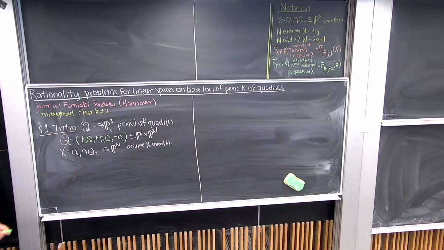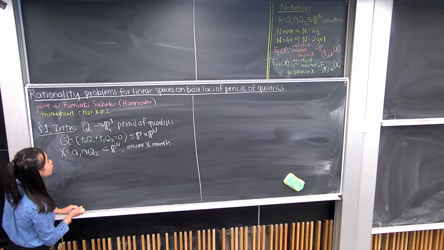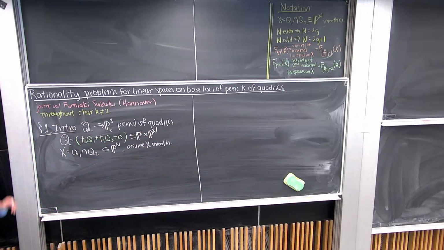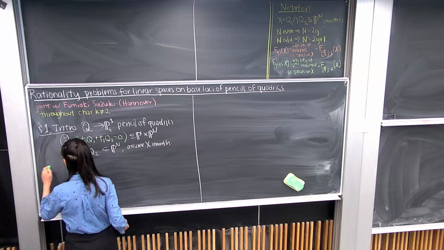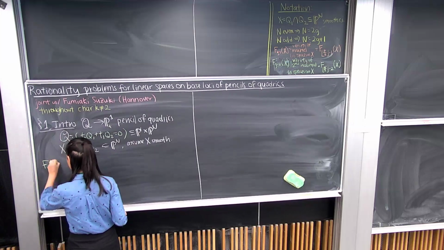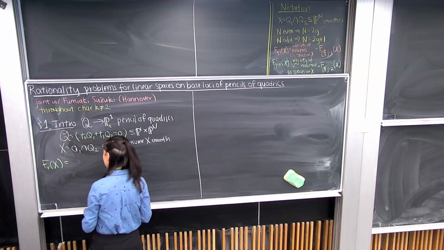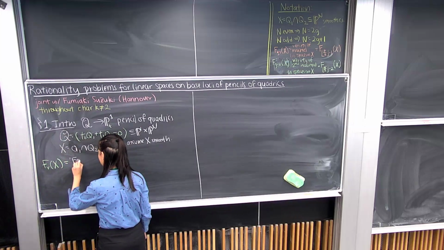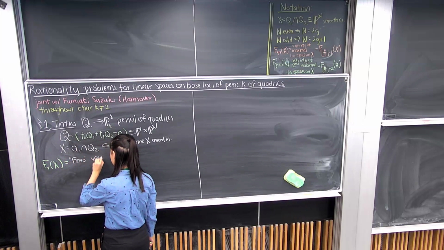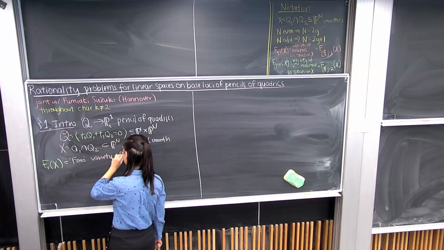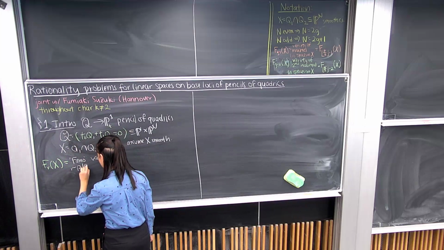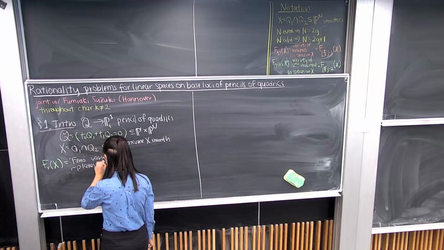Okay, great. What we're going to be interested in is linear spaces on the base locus X. The notation is going to be F_r(X). This is the so-called Fano variety of r-planes in X. It's called Fano because Fano studied them.